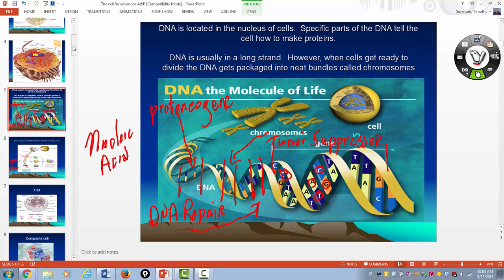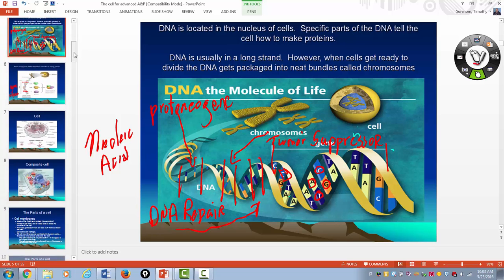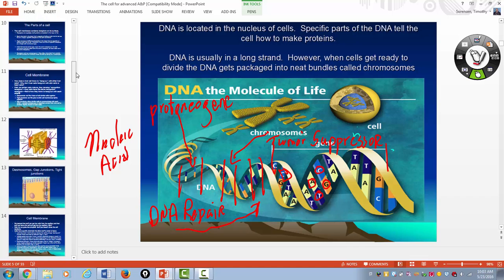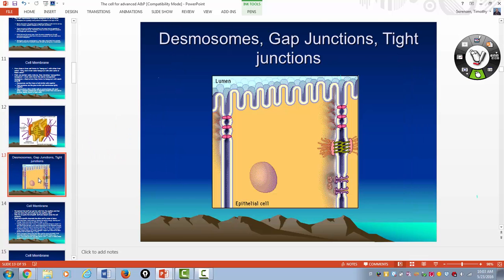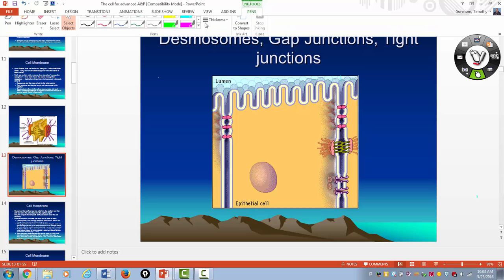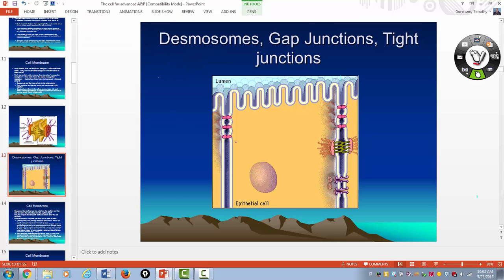Because genes code for proteins, some of the proteins that a particular cell makes are what I like to refer to as recognition proteins. So here are these little proteins embedded in the cell membrane, and what they do is they allow like cells to stick together.